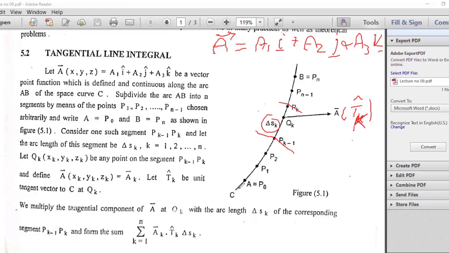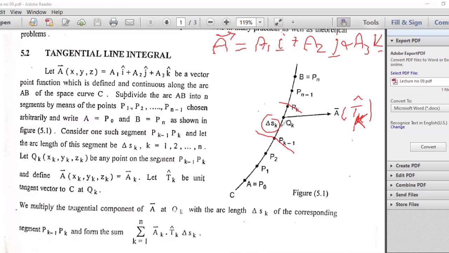When we work to obtain the total length of this arc, we subdivide the arc C and add the lengths one by one.